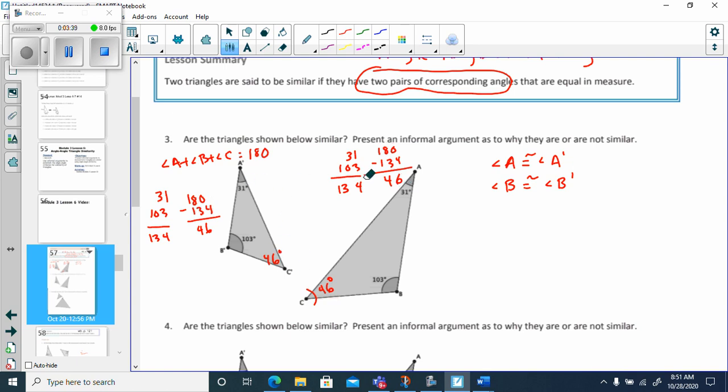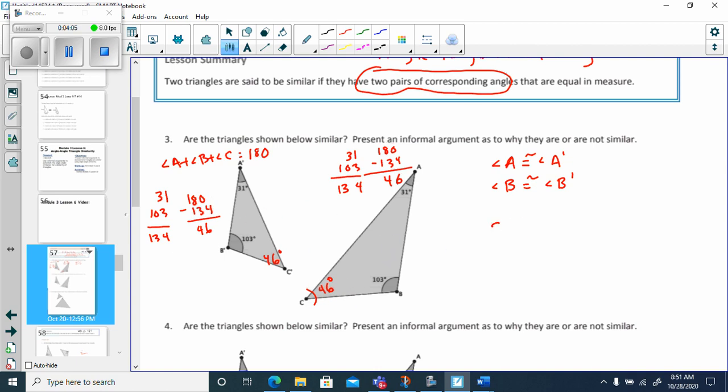And that makes sense. If two angles in a triangle have the same measure, and all the angles add up to 180, wouldn't that mean the third angle would have to have the same measure? Okay, that's what angle-angle similarity tells us. If two corresponding angles have the same measure, then that third angle is going to have the same measure and the two triangles are similar.